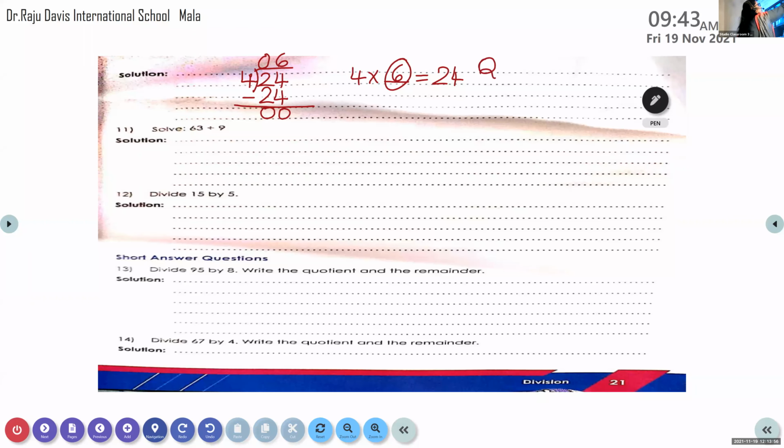The quotient is 6. Remainder? Remainder is 0.